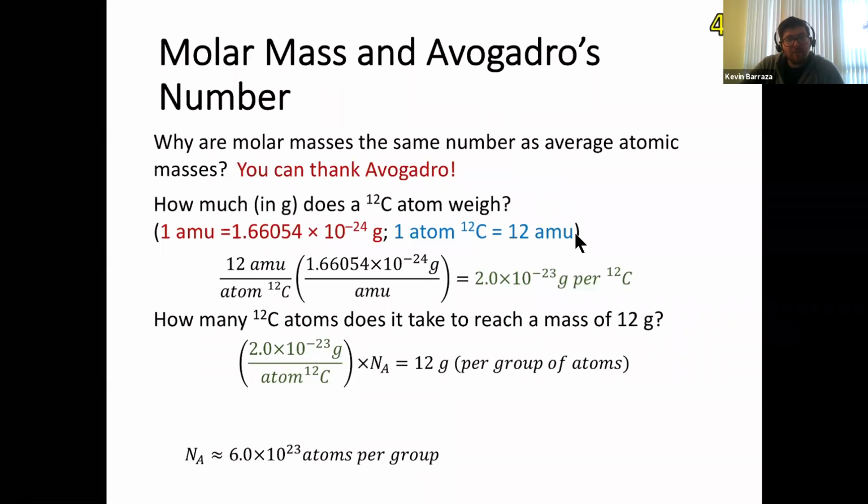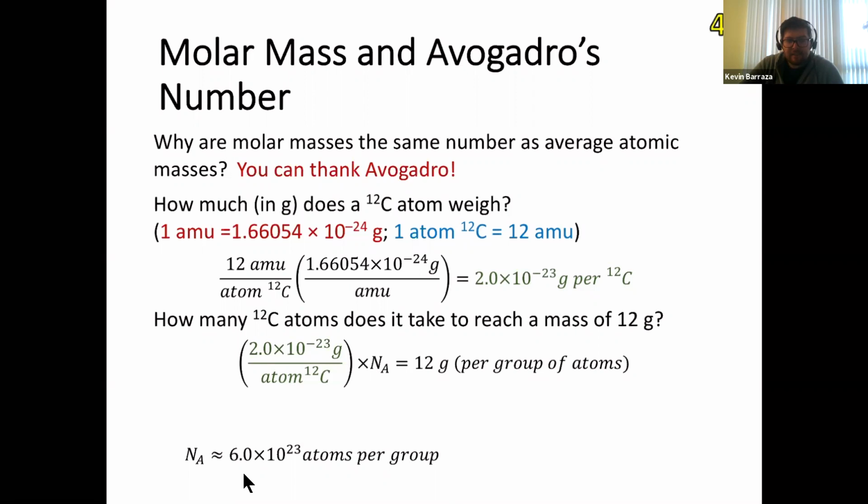So I do this for all of my elements. I see how much they weigh in AMU, then I convert that to grams, and then I ask how many particles of that element I need to reach the same number. In this case, it was 12.